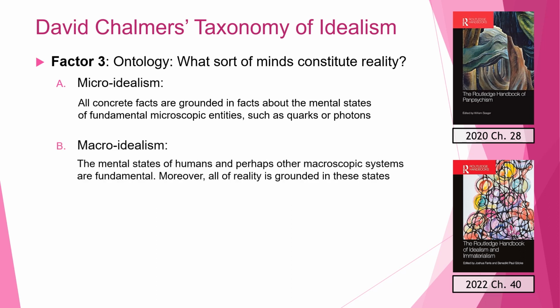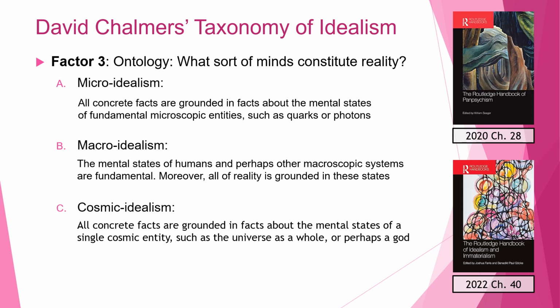In macro-idealism, the mental states of humans and perhaps other macroscopic systems, for example dolphins, are fundamental. Moreover, all of reality is grounded in these states. In cosmic idealism, all concrete facts are grounded in facts about the mental states of a single cosmic entity, such as the universe as a whole, or perhaps a god.